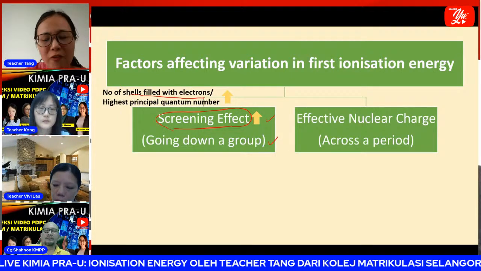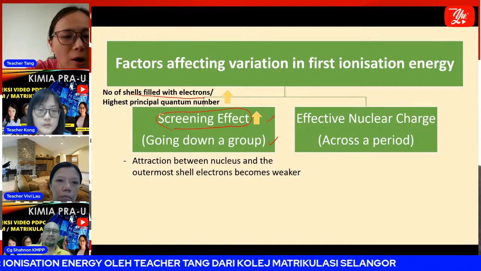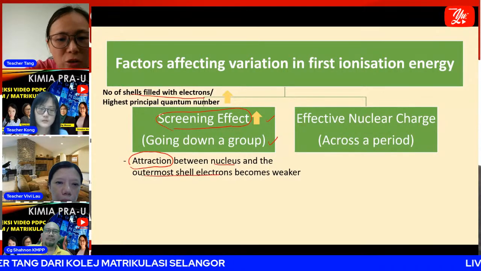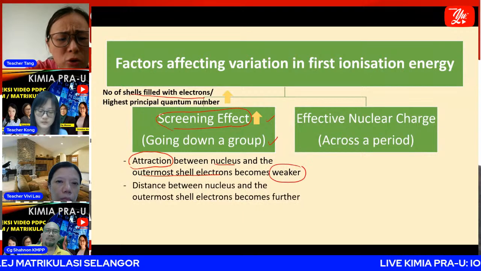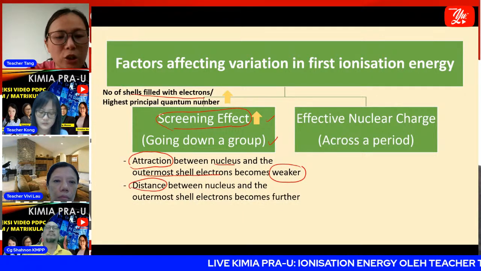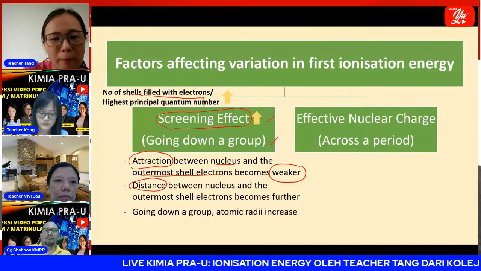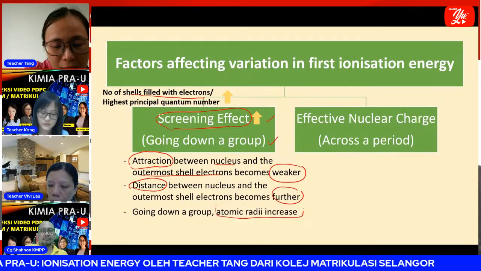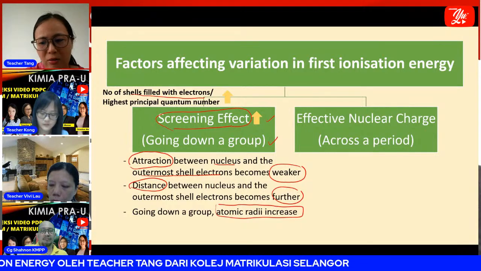So when the shielding effect increases, this will cause the attraction of the nucleus on the outermost shell's electrons to become weaker. So when the attraction becomes weaker, the distance between the nucleus and the outermost shell's electrons becomes further. Therefore, the atomic radii become larger as going down the group.